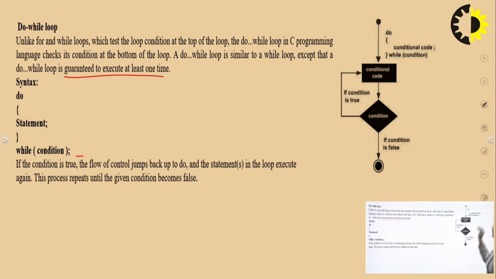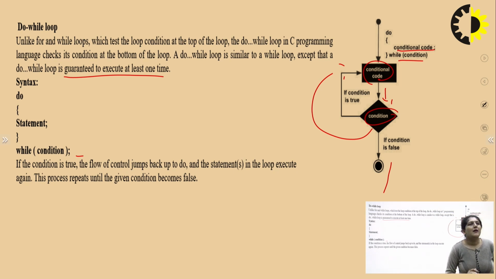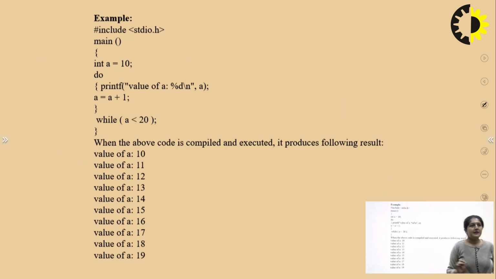So if we see here, in do, we are executing the statement and then we are checking the condition. So first the code will be executed at least one time. Then if the condition is true, it will go above, otherwise it will come out from the loop. So this is the do while loop. In the same example, we have initialized the value a is equal to 10.